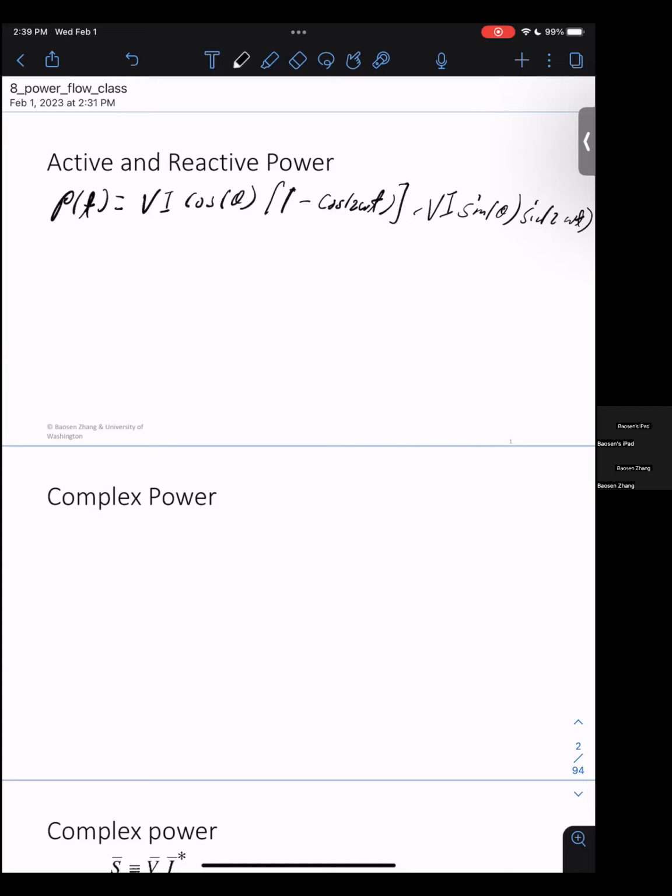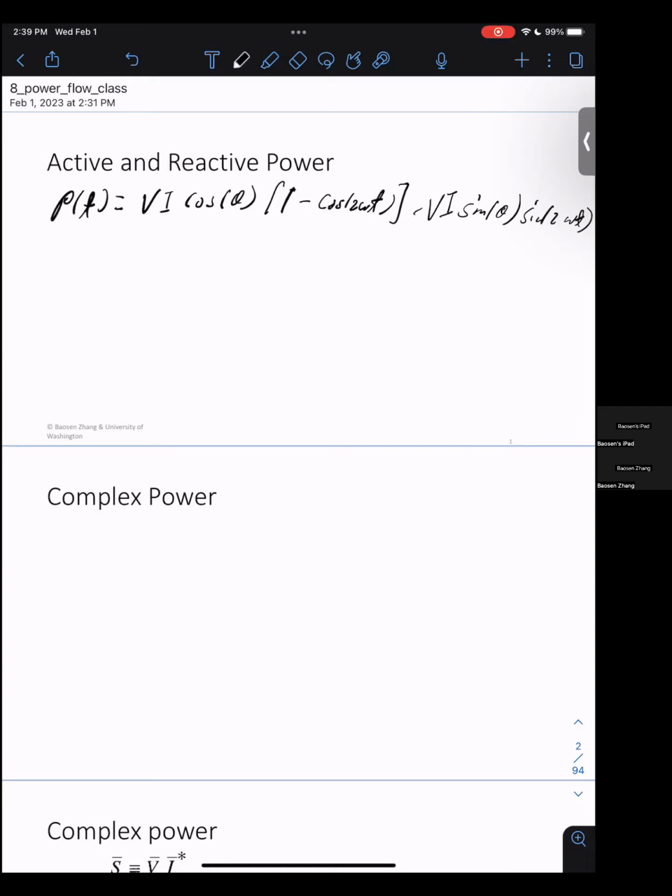Your active and reactive power, right? You will interpret the first term basically as some power that's going from the source to the load. You interpret the second term as the power that goes back and forth in your system. So we'll give this a name.